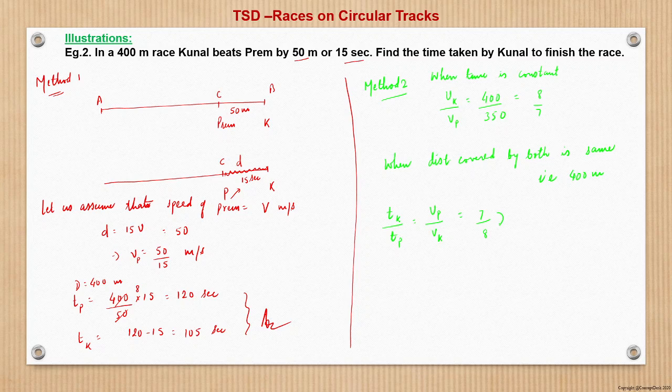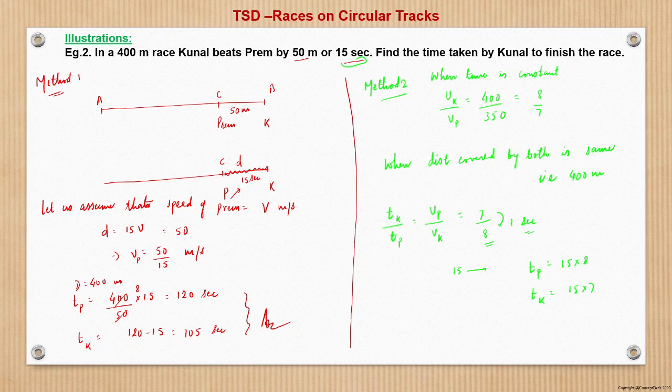So there's a difference of 1 second. When Prem takes 8 seconds, the difference is 1 second, but the actual difference is 15 seconds, that is given. So when the actual difference is 15 seconds, TP will be 15 into 8 and TK will be 15 into 7, right?